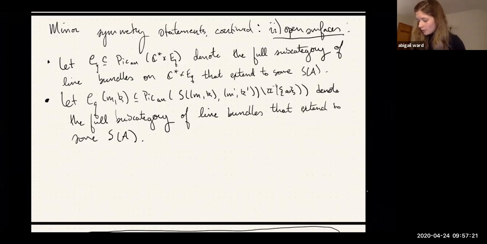And then the bigger theorem is that there are also functors from these categories of line bundles to the partially wrapped and the wrapped categories, so that the following diagram commutes.